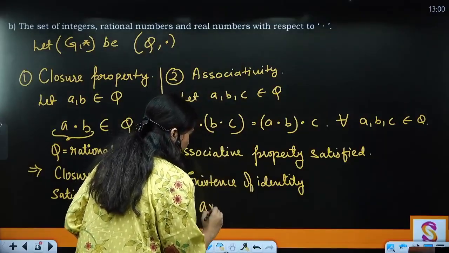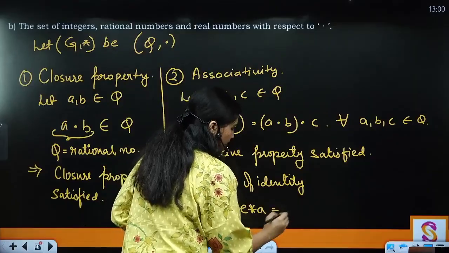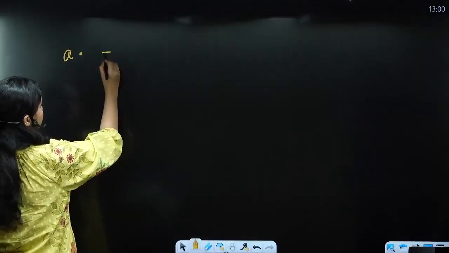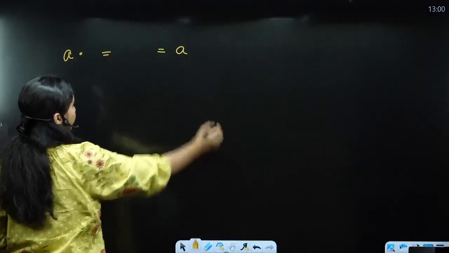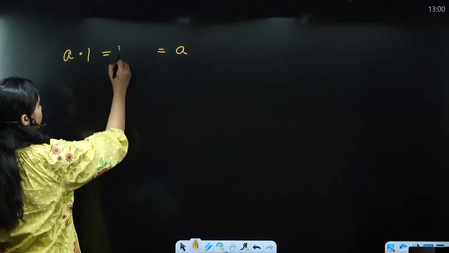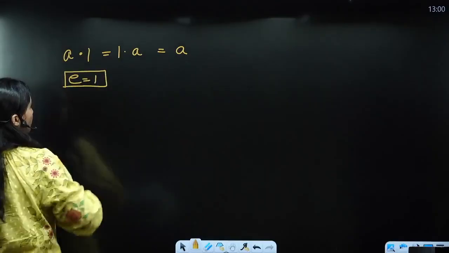So a star e equals e star a equals a, right? Now I need a number which when operated with a is going to give me a again. In multiplication, what is that number? That is 1. What is the value of e here? E is going to be 1.